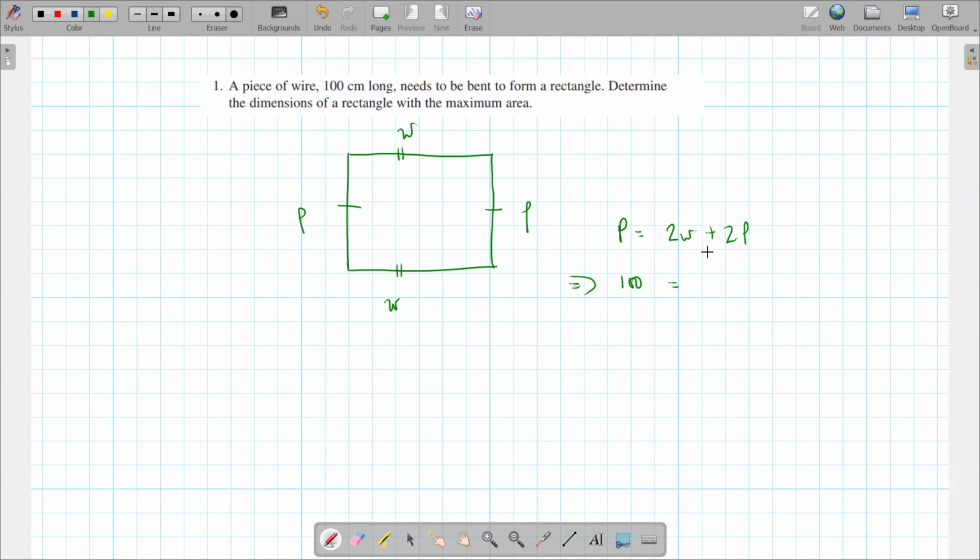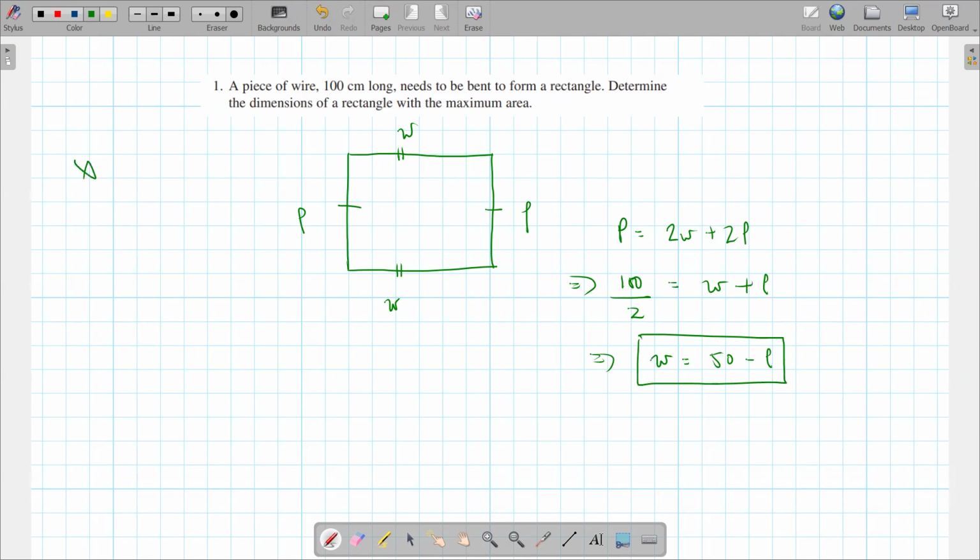A 2. So you can divide both sides by 2. You'll be left with W plus L equals 50, which gives W equals 50 minus L. That's equation number 1. That's not the answer, but it will help us find the answer.